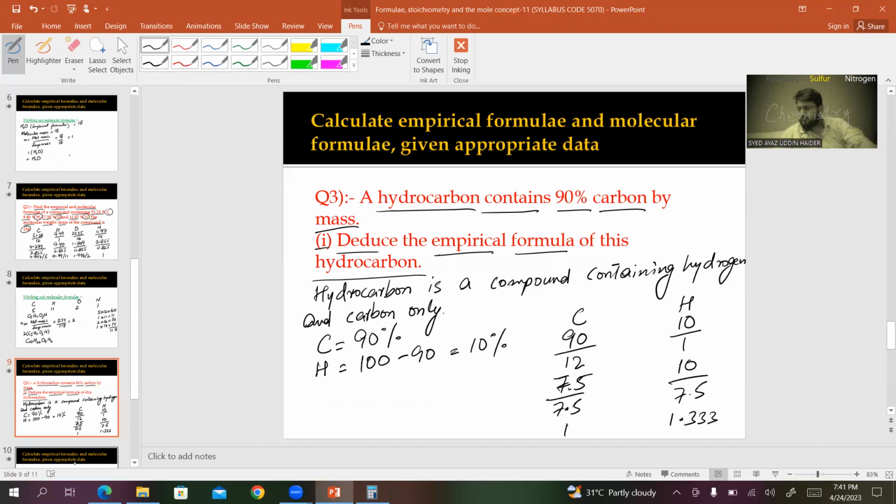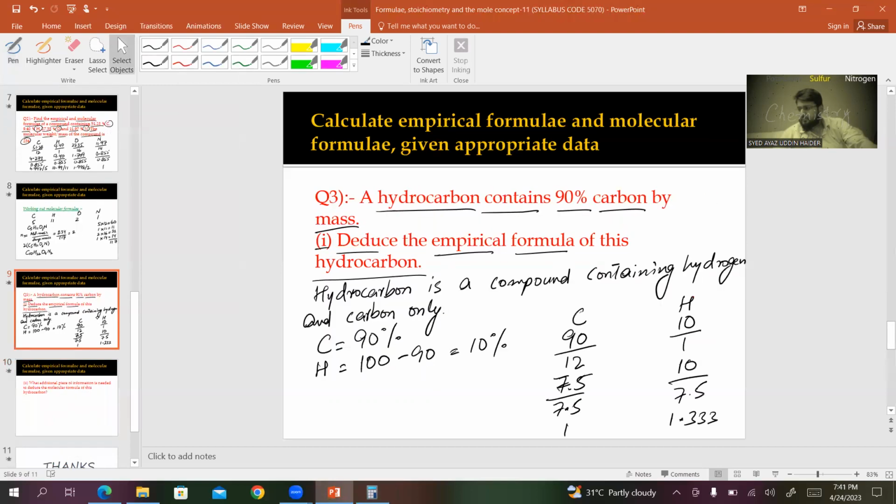Now multiply to get the answer in whole numbers. I'm writing it again. Carbon, hydrogen, 1.333. If we multiply 2 by 1.333, we will get 2.666, which is not a whole number. So what we will do, we will multiply it by 3.